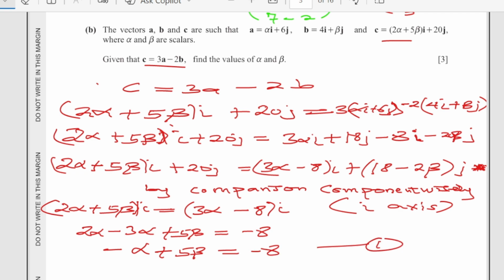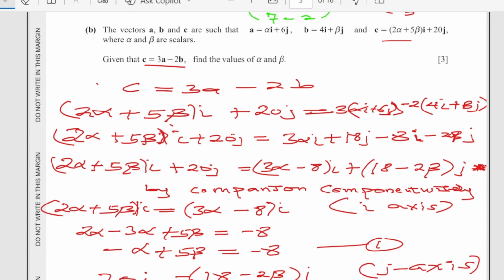Equation 2 is by comparing the j-axis. So the j-axis here is 20j is equal to here, the j here is 18 minus 2 beta, then this j. Remember, this is j-axis. All right, then with this, I can easily find my beta.